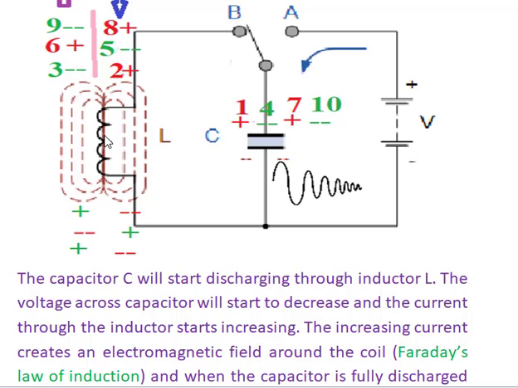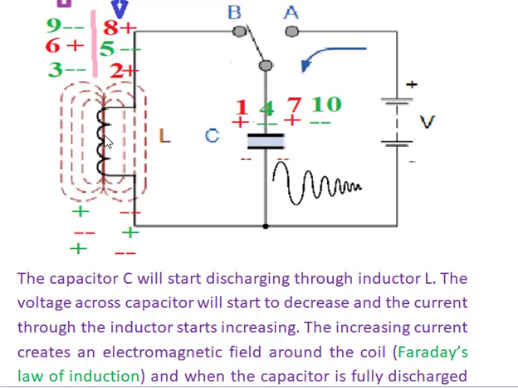Here, the magnetic field lines start to decrease. It is equivalent to a coil cutting the magnetic field lines, so an induced EMF is produced.